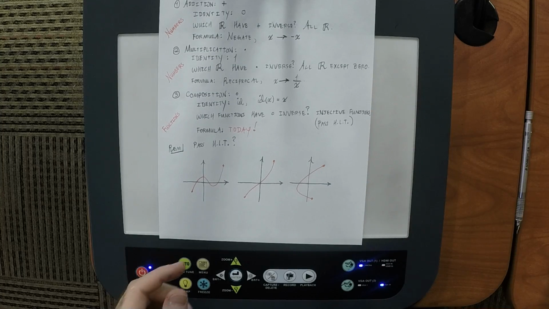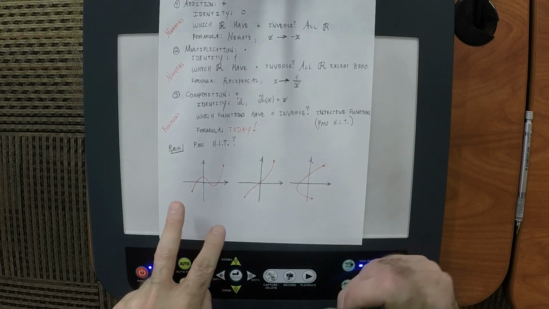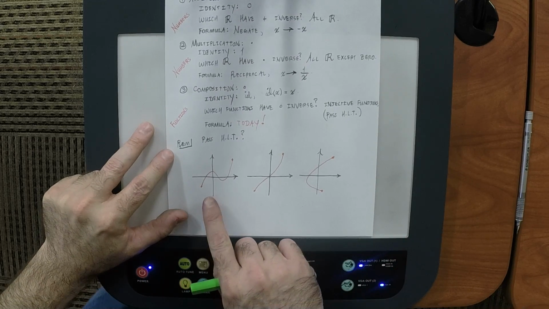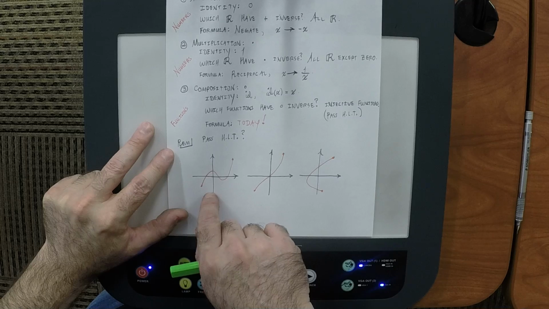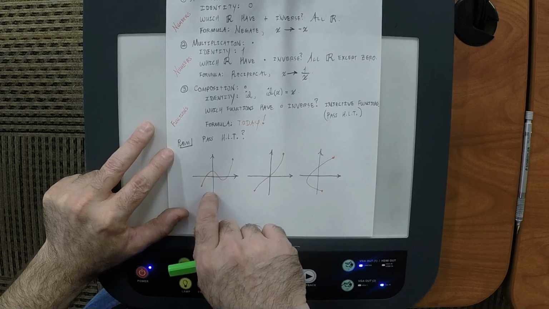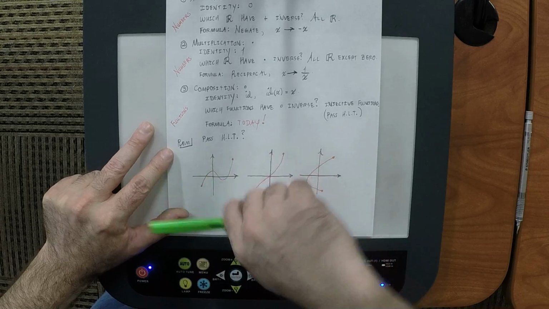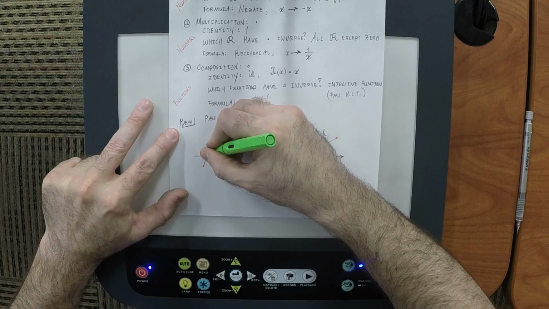So how about the left one? Not the left one. Okay. So you're saying that this one fails? Correct. Okay. Why does it fail? Okay. And how can you see that? You can run your pencil over it and see if it interacts with the plot. Good.